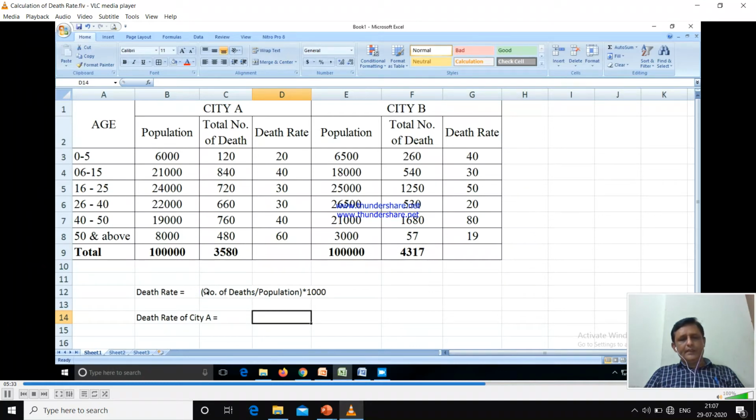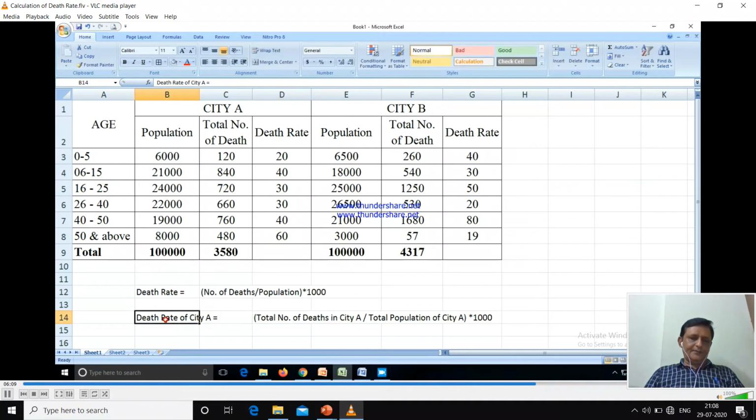The death rate is basically calculated on number of deaths, but here we are using the total of city A. That means we have to write the total number of deaths in city A divided by total population of city A, and then we close the bracket and multiply that by 1000.